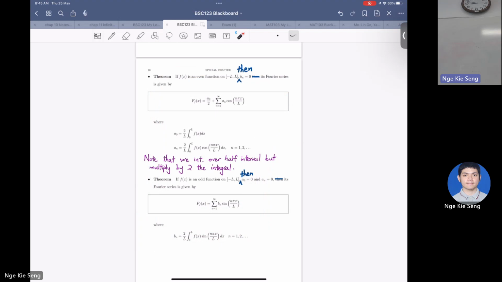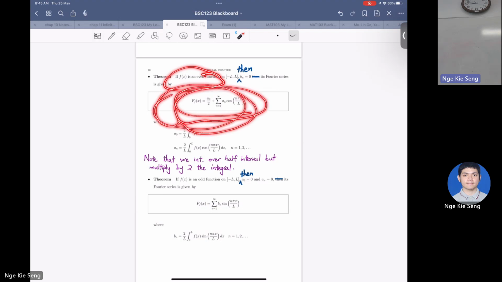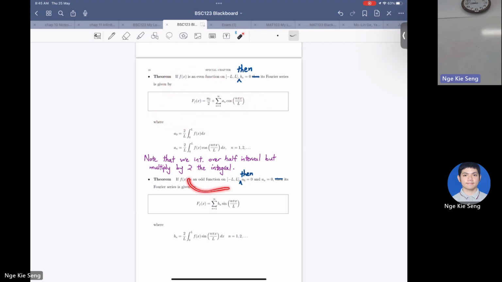If you want to make it an even function, you just compute the Fourier series and then you see what the shape is. And if you want to extend it oddly, you just compute the Fourier series of the odd function, and then you see what the shape is. So the first one will give you the first shape, and the second one will give you the second shape.